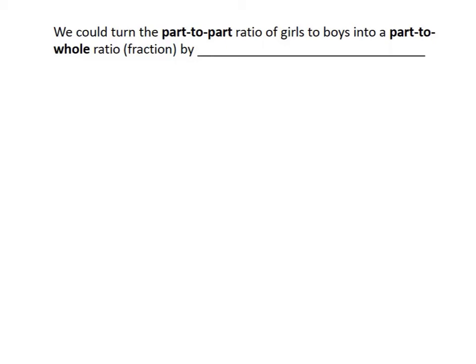Now what we can do is we can turn the part to part ratio of girls to boys into a part to whole ratio, making it into a fraction by doing what? Making a fraction that has the whole class in the denominator. So we would be making it part to whole. So let's go back up and look at the dimensions of Mr. Talentino's class.